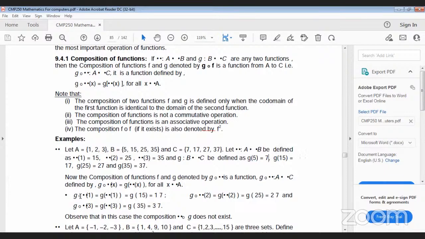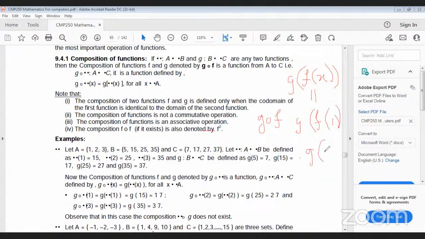Let's take the first one, g dot f of 1, or should I say g composite f. So your g function will be as it is. Instead of x, we are going to write the f of x value. Now, if I have to write f of, let's say, 1. So f of 1 is 15.